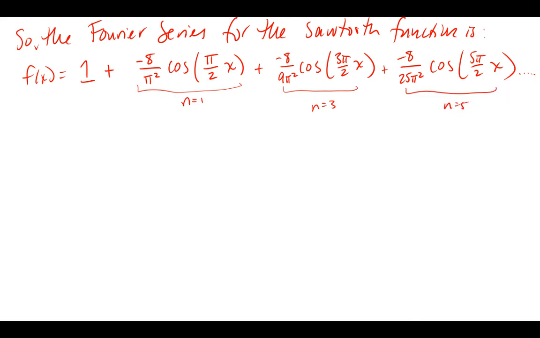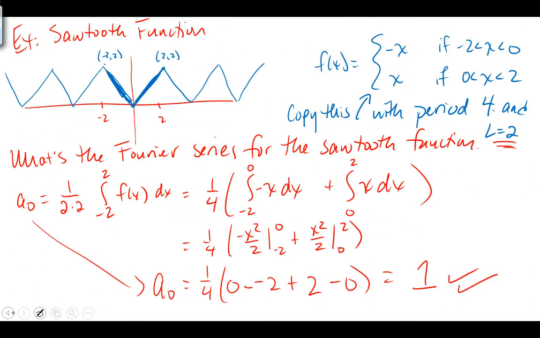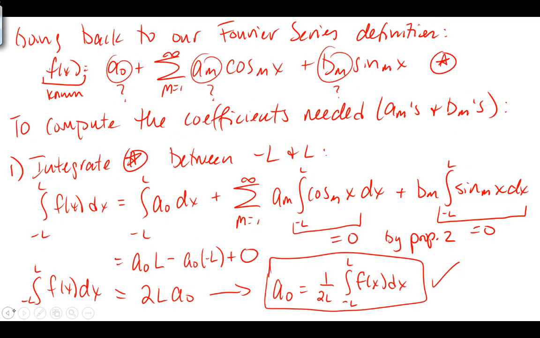If I'm throwing anybody off with why this is pi over 2, 3 pi over 2, 5 pi over 2, just go all the way back to what we started with. Remember, the A's that we just did all that work to get go with cosine of nx, where we've switched over to n's instead of m's.